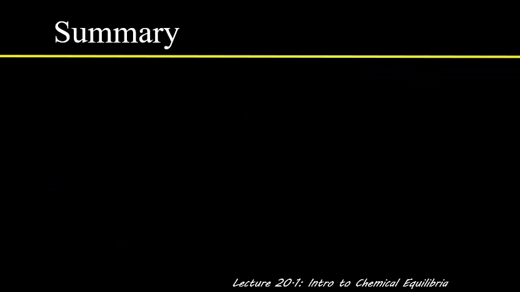All right, fantastic. Good stuff in this one. Equilibrium is super important. So what we talked about is what chemical equilibrium is, and that is that reactions proceed, and as they proceed, they get to a point where the concentrations of the reactants and the products remain constant. The concentrations are no longer changing, but that doesn't mean the reaction has stopped.